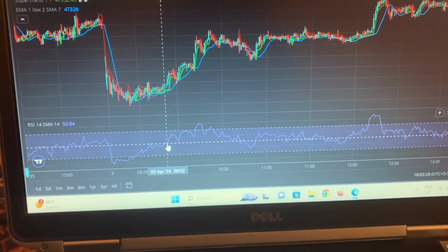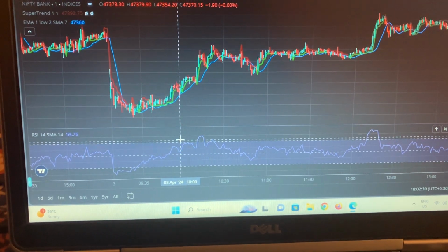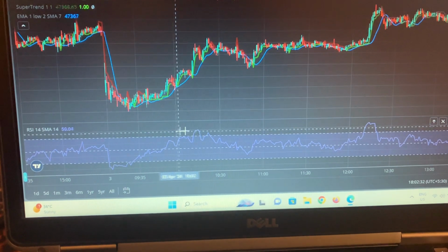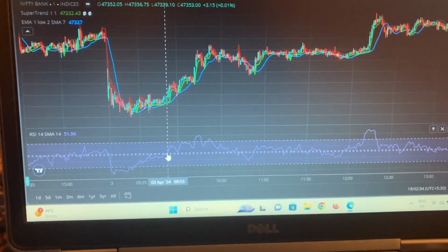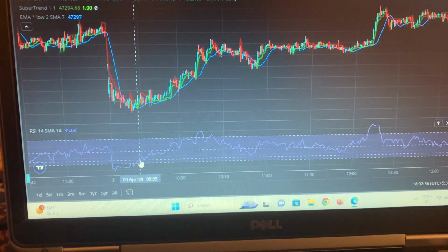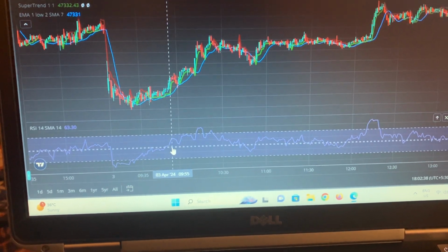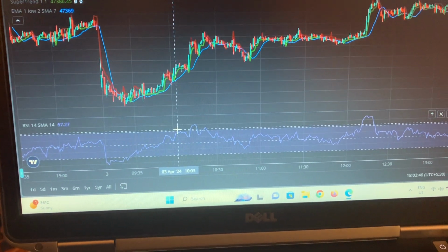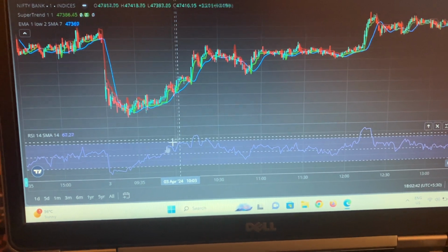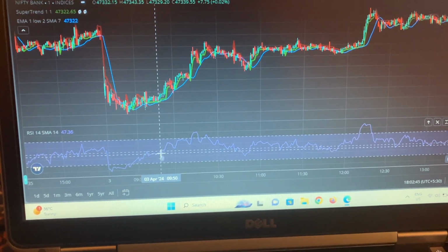It has to cross 180 rupees, and then touch 200 rupees or 210 rupees. Then I'll be updating the stop loss as 180 rupees. I have given the entry at 150 rupees. It has crossed 180, and it is now at 200 rupees or 210 rupees. I'll be updating the stop loss as 180 rupees.